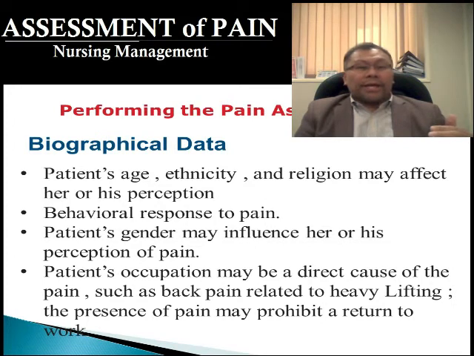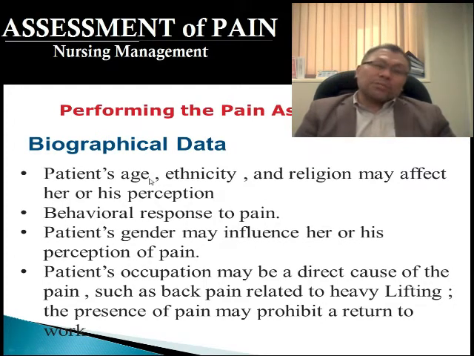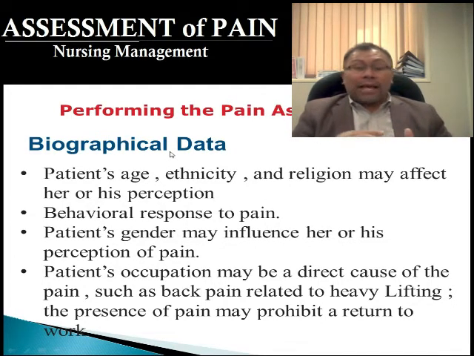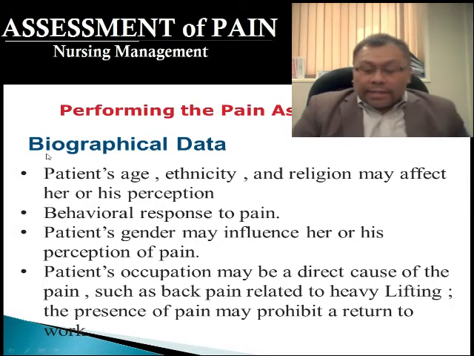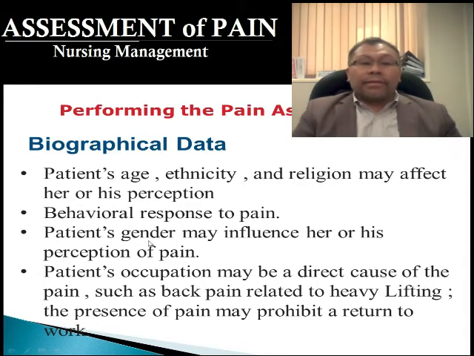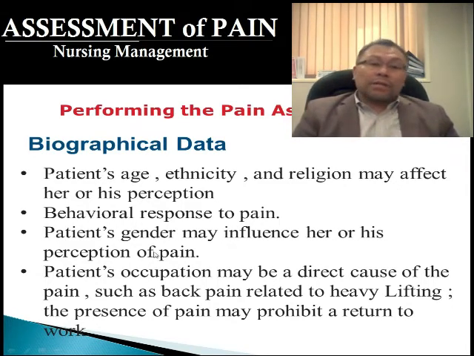So the next is you are going to assess with the biographical data. Under this, we have the patient's age, the ethnicity, religion, then the way the patient perceives what is pain, the behavioral responses to pain, the gender influence on her or his perception of pain. So basically, according to study, when it comes to pain, women were more tolerant to pain than men.